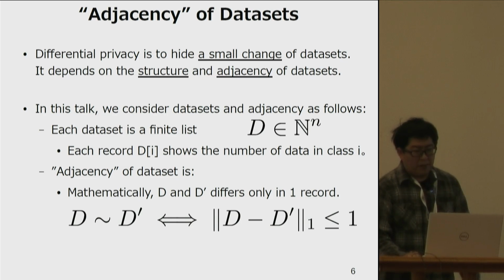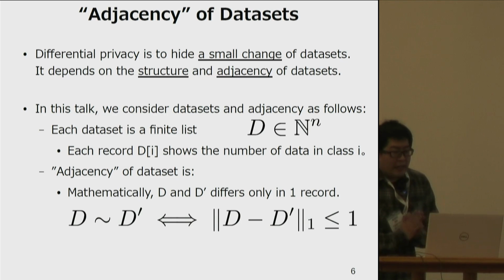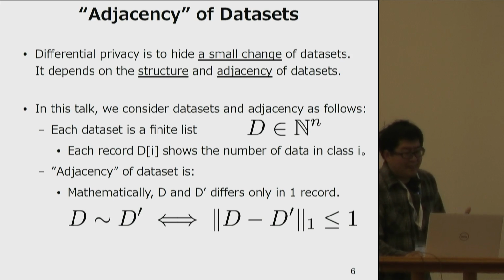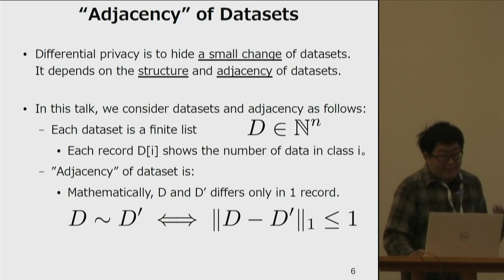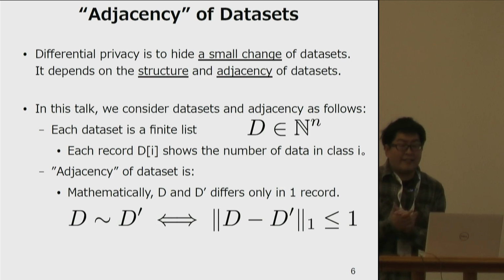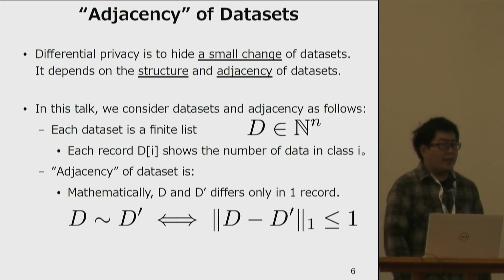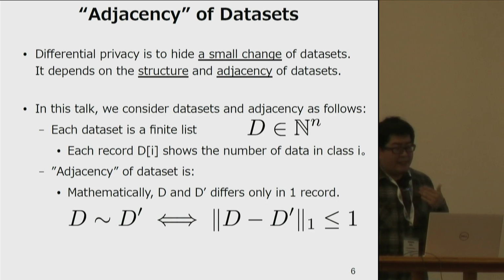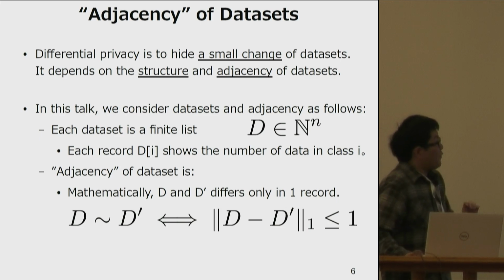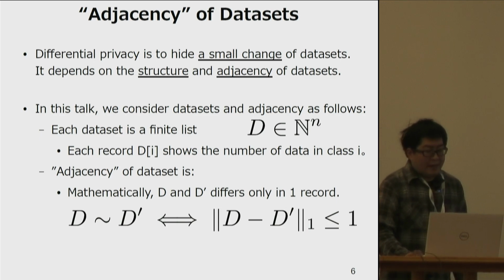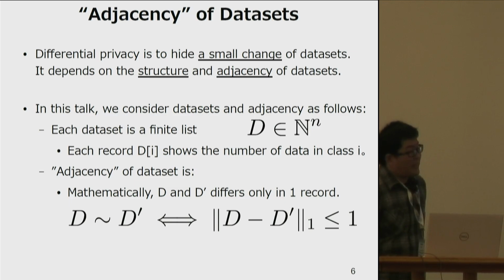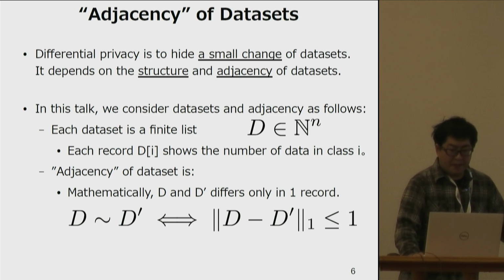I here remark on the adjacency of data set. Differential privacy is a definition to hide the small change of data sets. So it depends on the structure and the adjacency of data set. In this talk and in my paper, we consider data sets and adjacency as follows. First, each data set D is a finite list of natural numbers with length n.